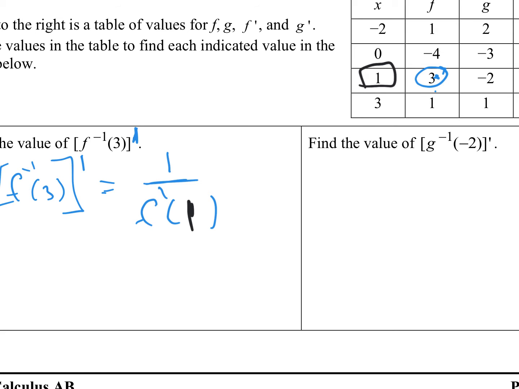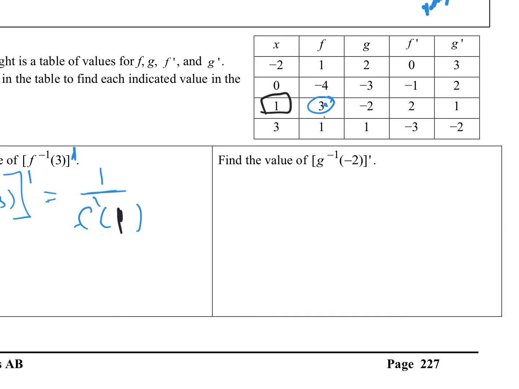But now I've got to go to the table and find out what f prime of 1 is. F prime of 1 is how much? 2. The same 2 people. Can I hear another voice? F prime of 1. 2. Yeah, 2. Okay. So last time we said it was 2.